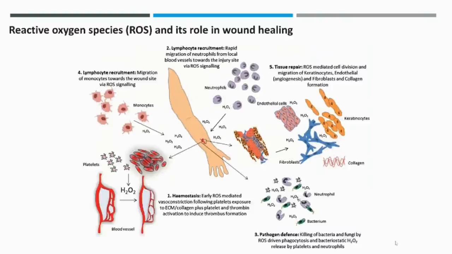So ROS plays a significant role, and its role in wound healing can be linked to almost every phase of wound healing that we have already discussed. ROS is critical for hemostasis as well as establishing the overall homeostasis at the site. We discussed the fact that ROS-mediated vasoconstriction is significantly important to drive hemostasis.